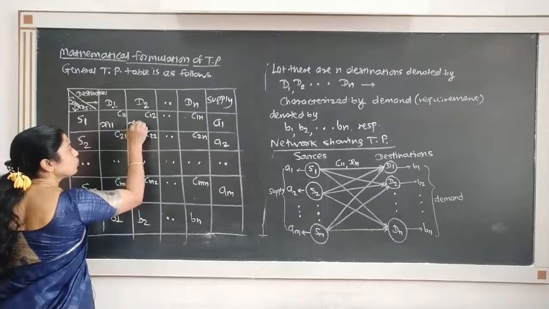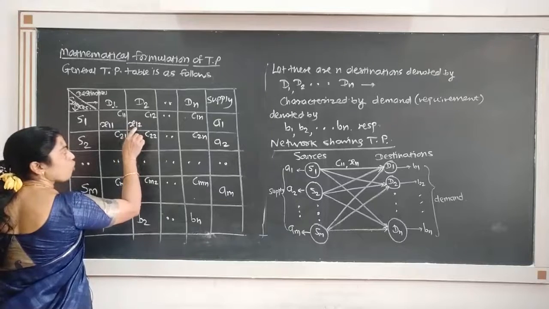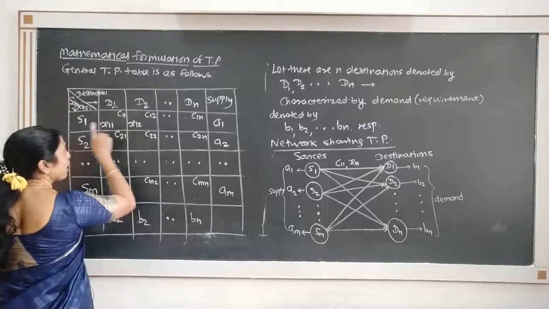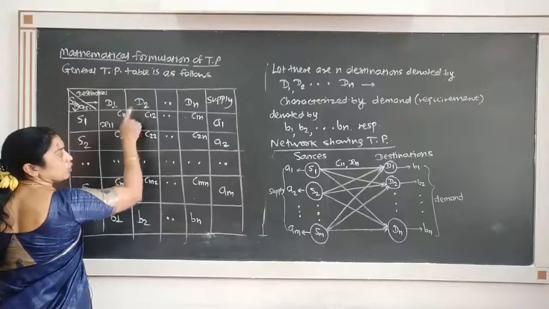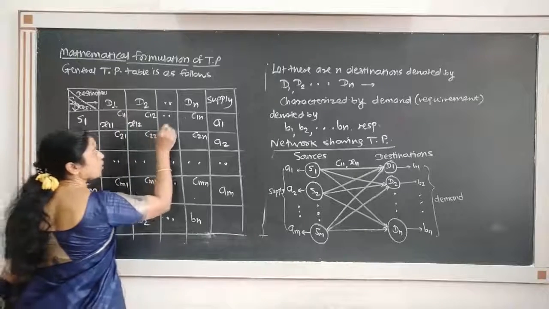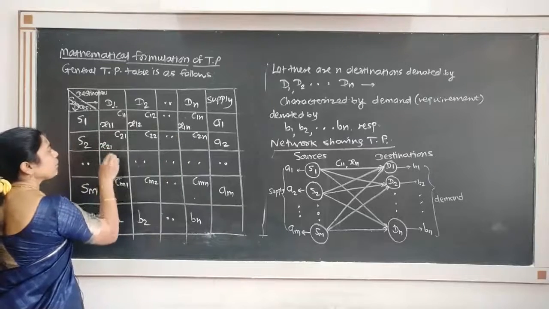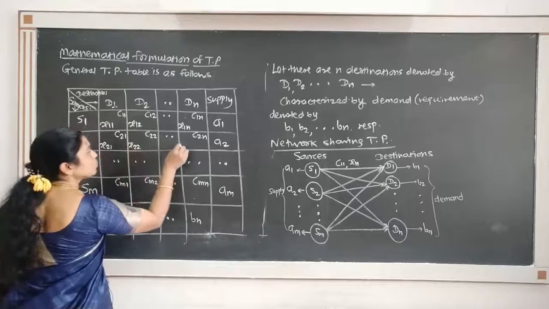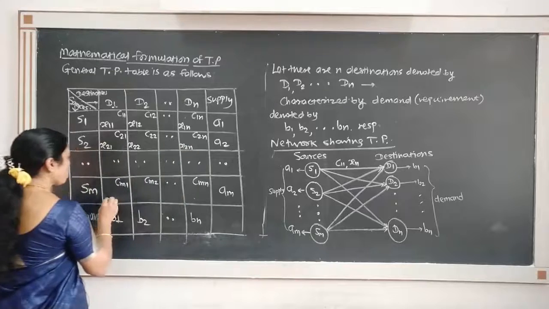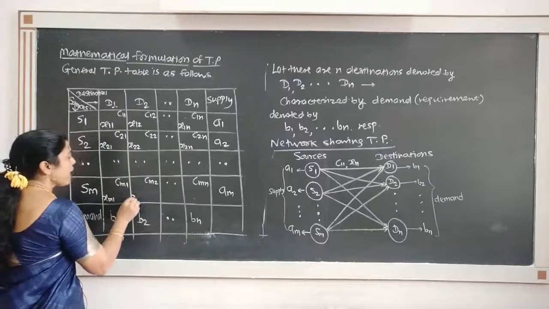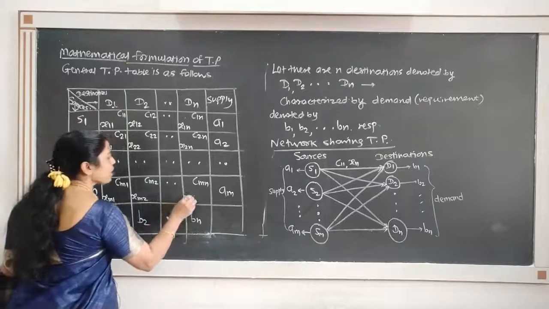And what is X12? Number of units of product to be transported from source S1 to destination D2, and so on. So here will be X1n. Similarly, we will complete the table: X22, X2n, and so on, Xm1, Xm2, Xmn.